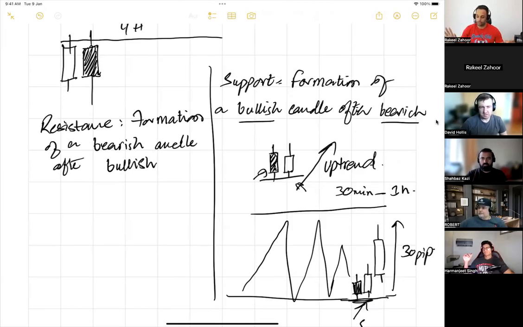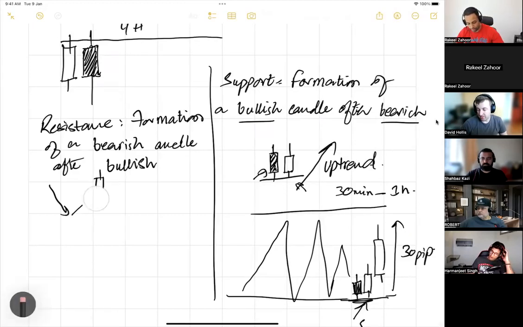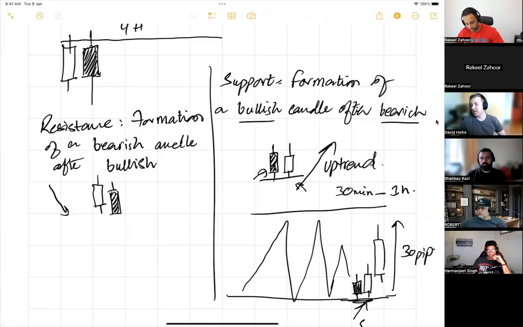Let's say, for example, we are moving in a downtrend, price comes up, and we have a bullish candle form like this. Then you have a bearish candle forming. This is the perfect idea of a resistance forming. Again, only on a 30-minute and 1 hour time frame. That's all I'm looking at.